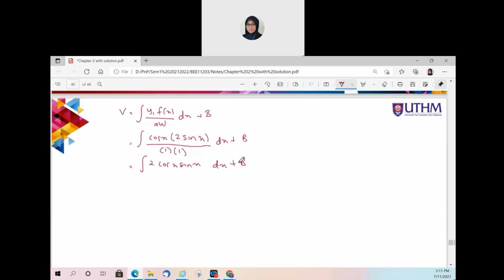And we use the substitution method. So substitute u equals sin x. du over dx, you differentiate sin, you will get cos x. Right? Then du equals cos x dx.